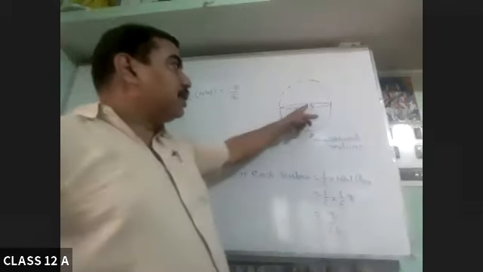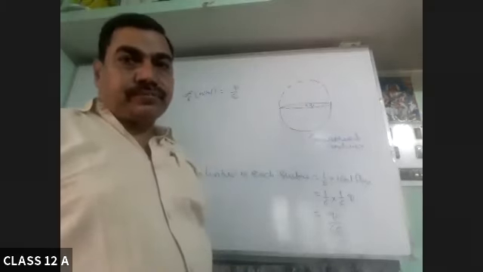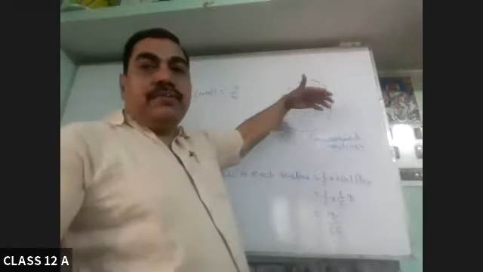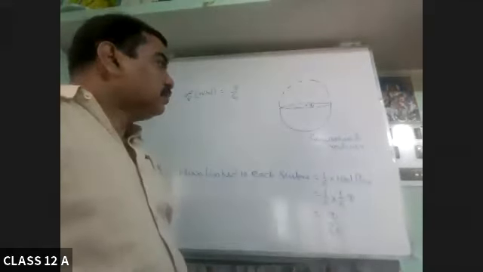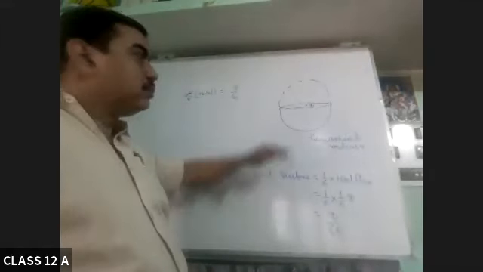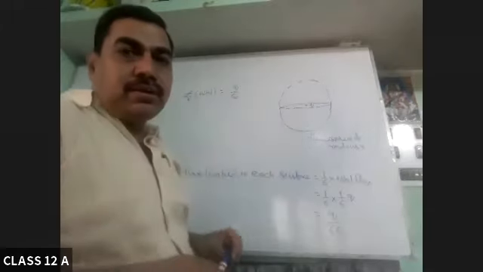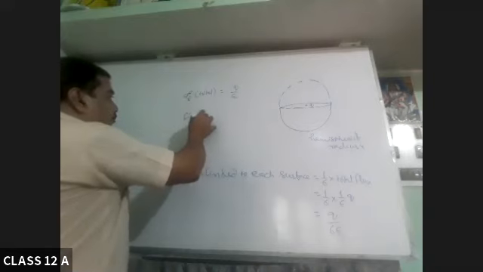Now it is present at the center, so it is equally divided. So half part this side, half part this side. So the flux linked to the hemisphere will become half of that.